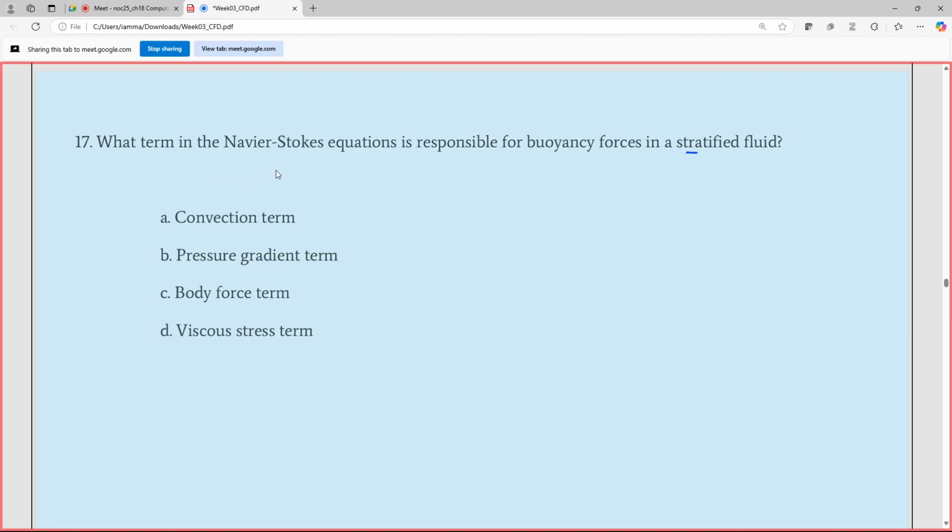We are not assigning any such forces as buoyancy forces in our Navier-Stokes equation. So which among the following terms will give the buoyancy effect in the Navier-Stokes equation? Options are option A, convection term, option B, pressure gradient term, option C, body force term, option D, viscous stress term.